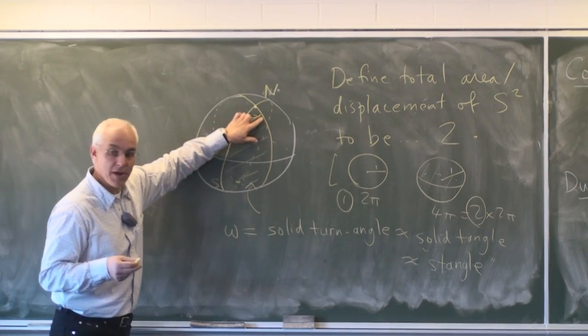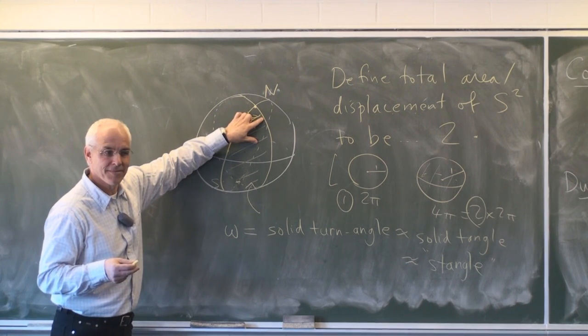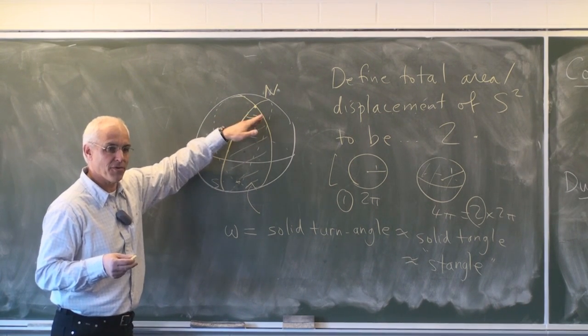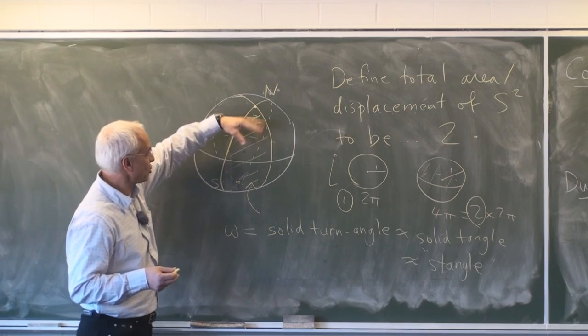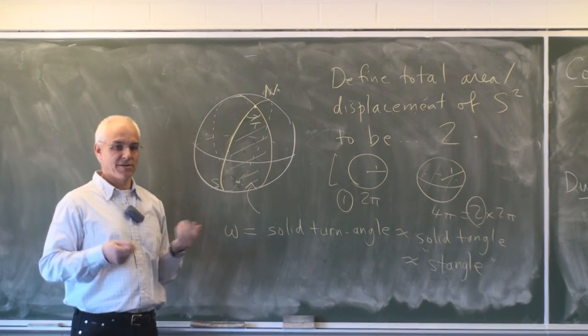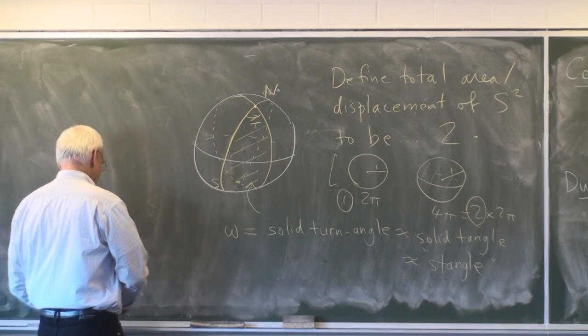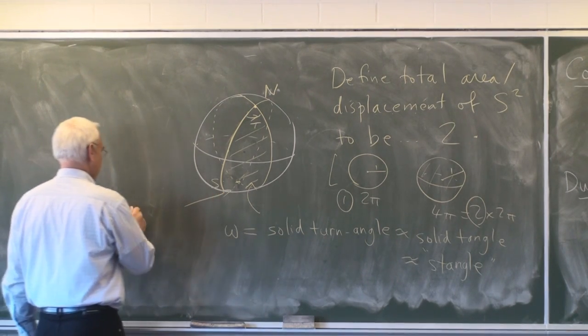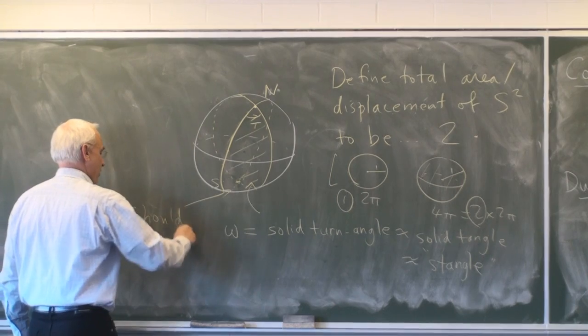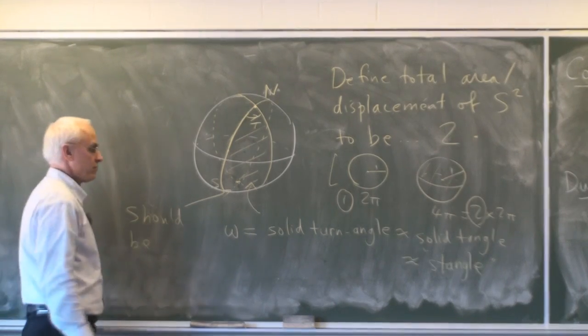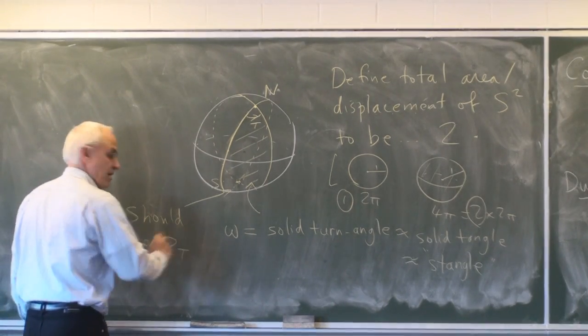There's a turning of tau here. That's like a fraction, like 1/3 or 2/9 or something. And the total solid tangle is 2, we've agreed. So this one here should be 2 times tau.